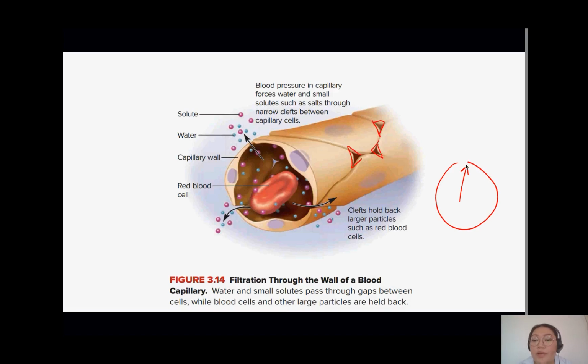In the capillaries we have the pores, the gaps, and through these gaps just some substances will go out with the water, and we call it filtration. The huge particles, such as red blood cells and proteins, will stay within the vessel. They will not go outside. This is filtration.